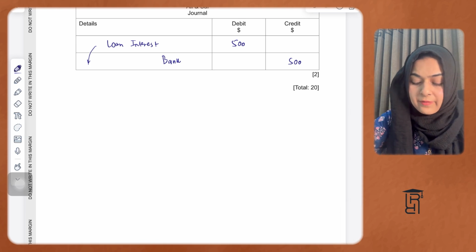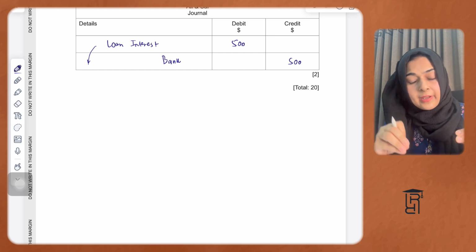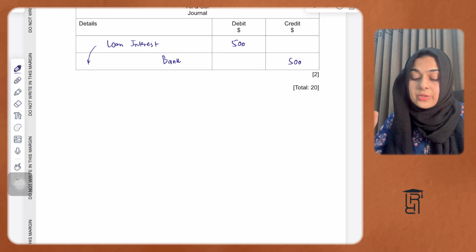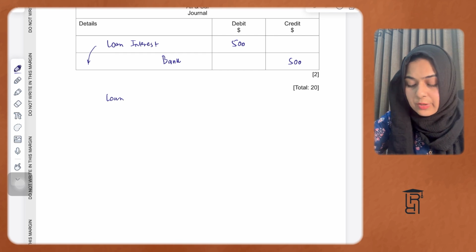However, if the loan interest on the loan provided by Ali was not paid, if the whole thing was owing, we would have debited the loan interest account and recorded this in the current account of Ali. So Ali's current account would be credited with the interest amount.